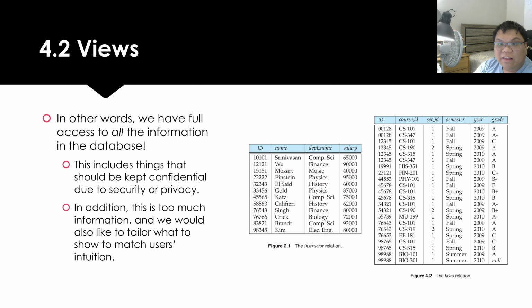But on the other hand, this might be too much information for us. People who access data in a database only ever access a small portion of data at a time. So, we're working with too much data, and some data may be confidential.